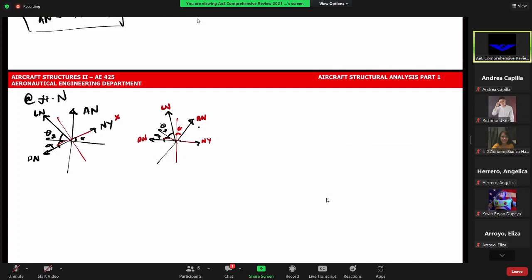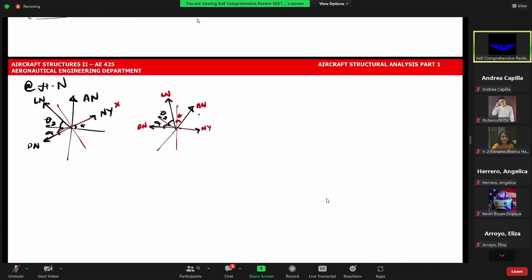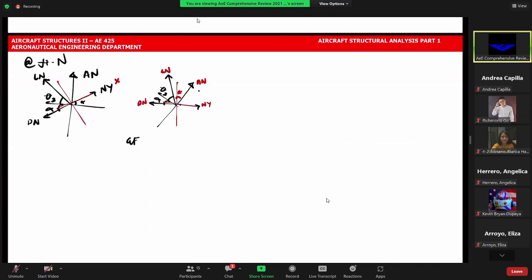So therefore, pag nag-summation forces Y, summation forces Y is equal to 0. Meron akong LN that is sine. Tama? Ayan. So meron tayong positive LN sine alpha plus theta sub 2. Tama? Okay. Next is yung AN.